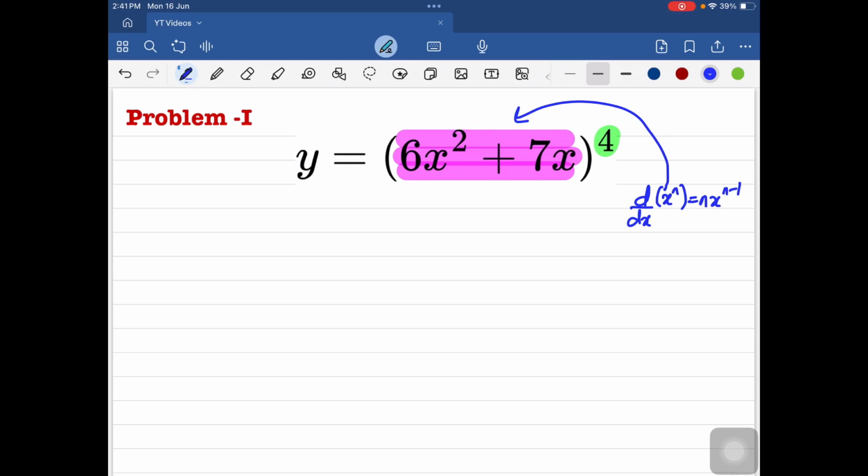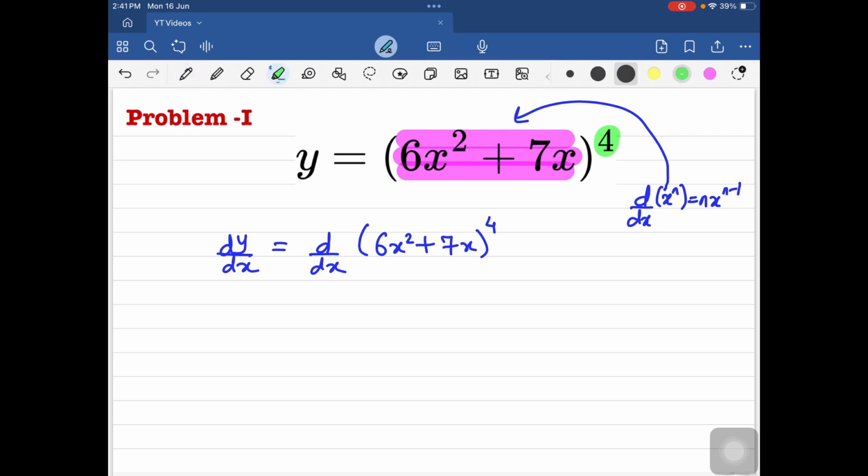Now we are going to apply the derivative on both sides, as we are differentiating with respect to x. So dy by dx, and the same I am applying d/dx on the function (6x squared plus 7x) to the power 4.